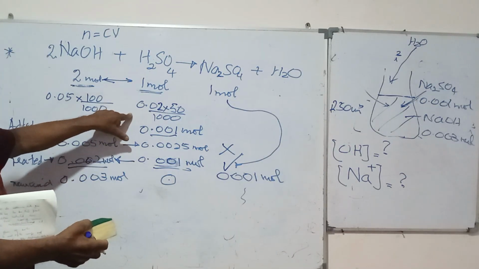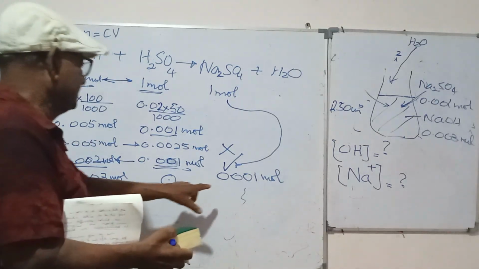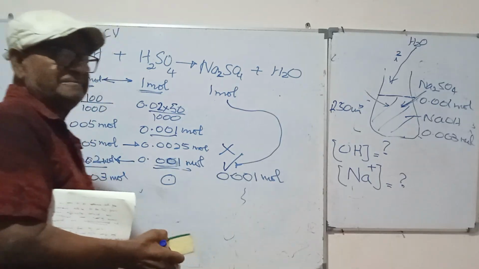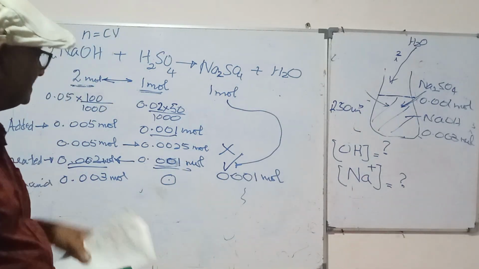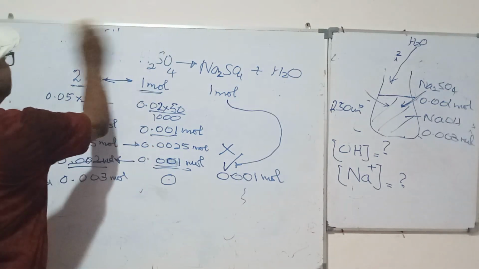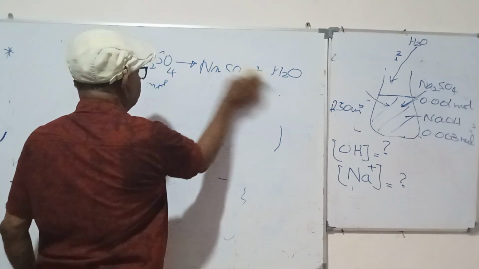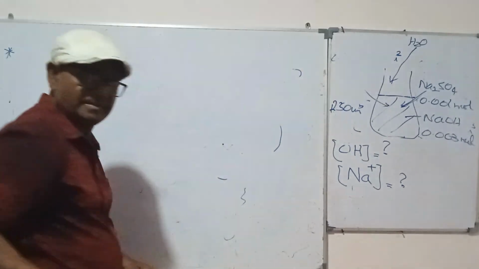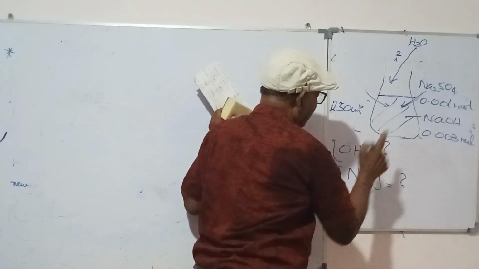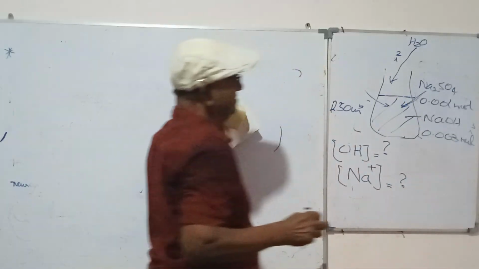No sulfuric acid, all reacted, but sodium sulfate also formed, 0.01 mole. Now I think you are clear that we can calculate the OH ion concentration and sodium ion concentration of the final solution.